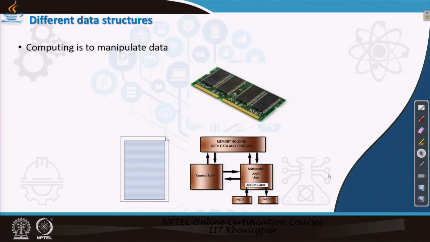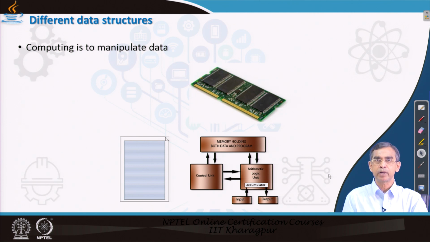Data structures are an important concept. They allow a programmer to define a structure in such a way that any type of data can be handled efficiently. That efficient handling means storing it efficiently, and once it is stored in memory, retrieving it efficiently.